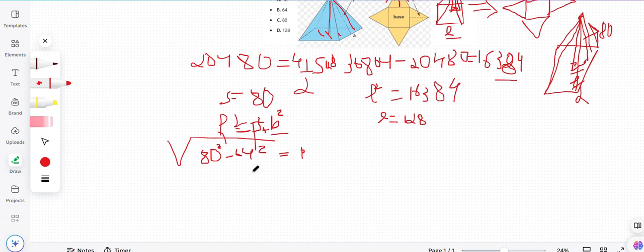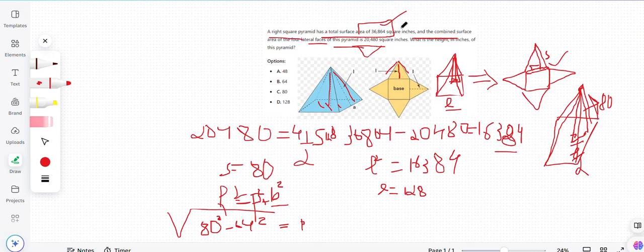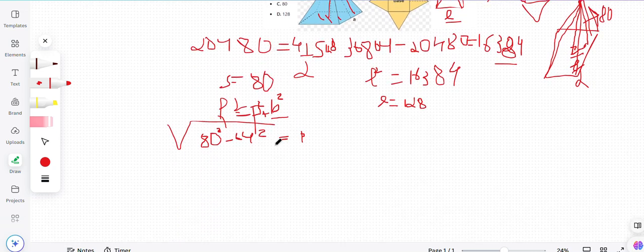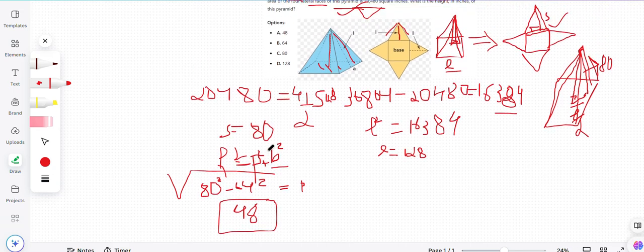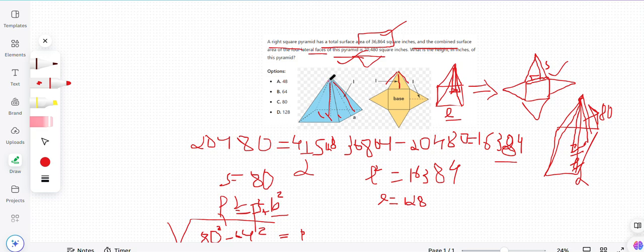So the value of the height of the pyramid is 48. When we solve this equation, we get the actual height, which is this height, and it is 48.